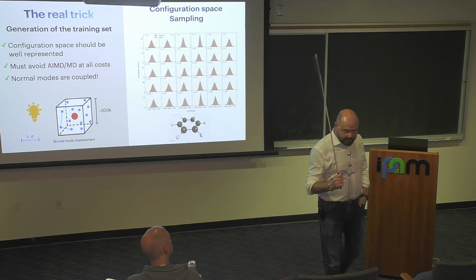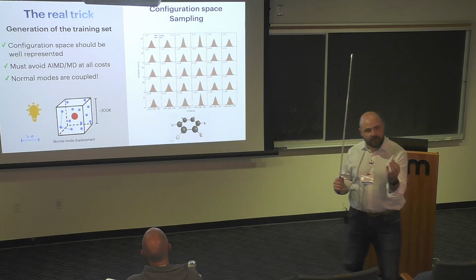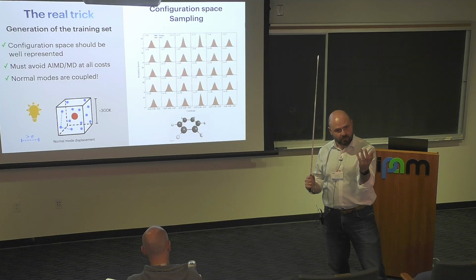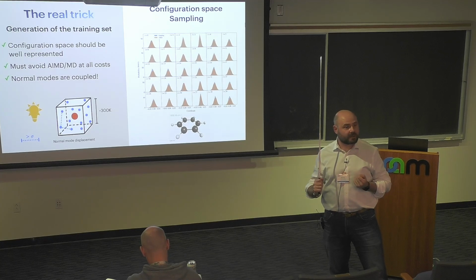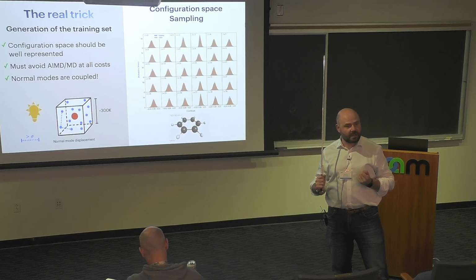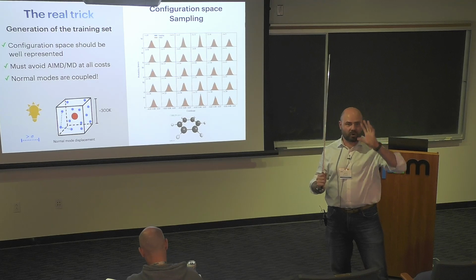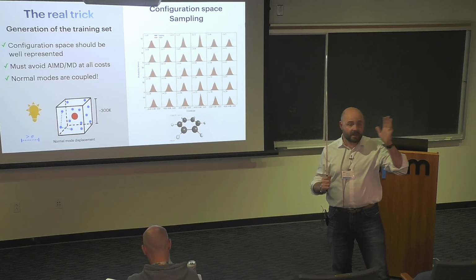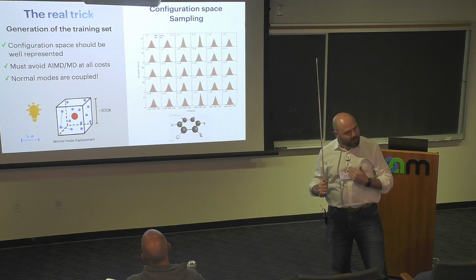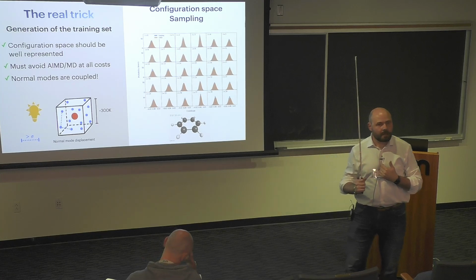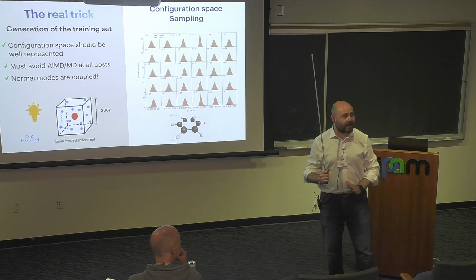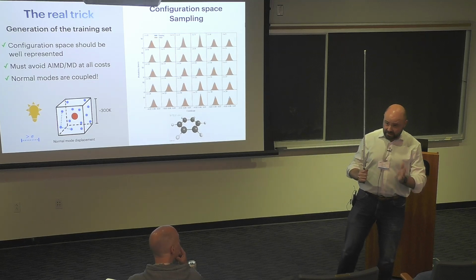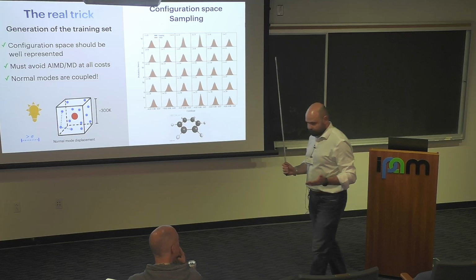What is usually done is to run an ab initio dynamics, let the molecule evolve in time, and then cluster the geometries that arise from an ab initio dynamics, and then take the geometries that are important from this clustering and build a training set. I want to do it differently because I want to avoid, at all costs, an ab initio dynamics carried out with an expensive method.